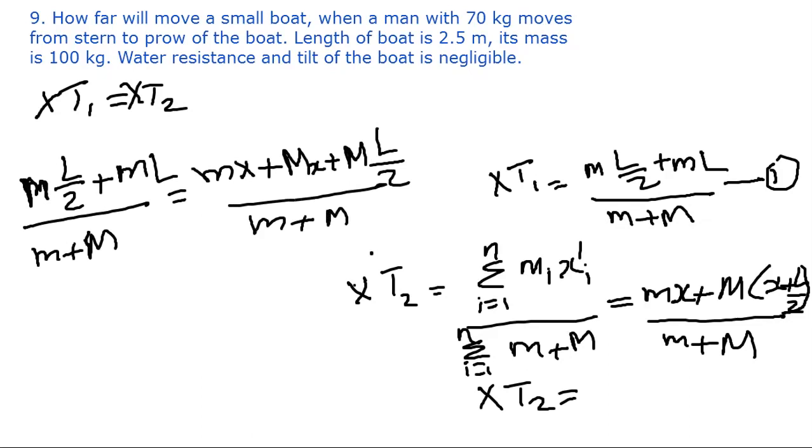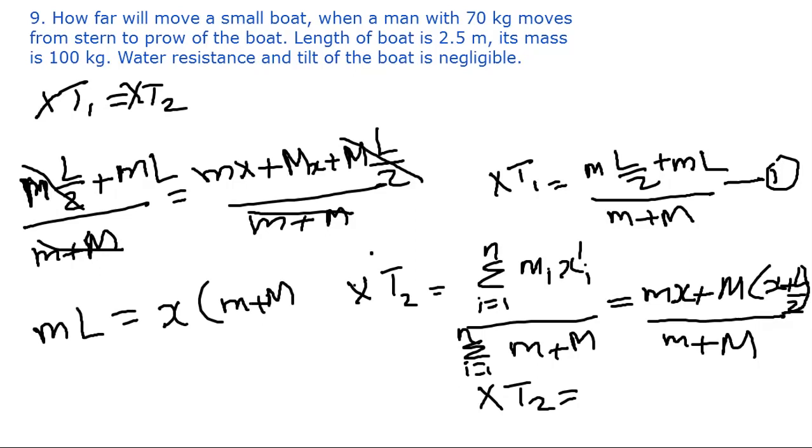And we can cancel this M plus m and M plus m. And we have here in the left side capital M L by 2, and right side capital M L by 2. So small m times L is equal to x into small m plus capital M.